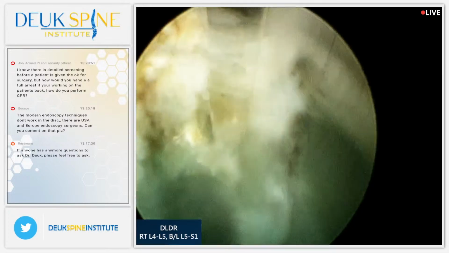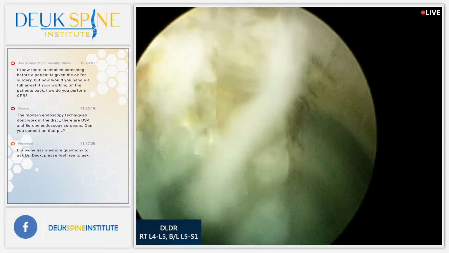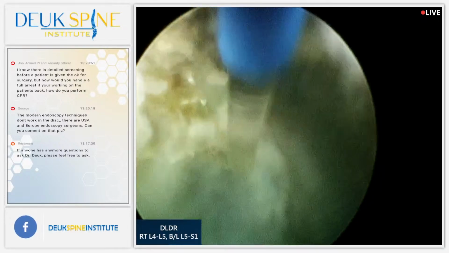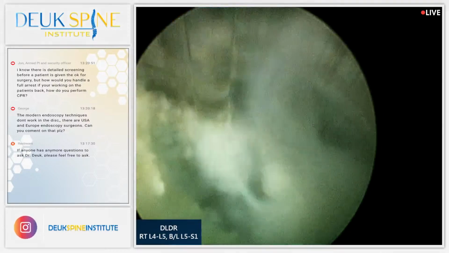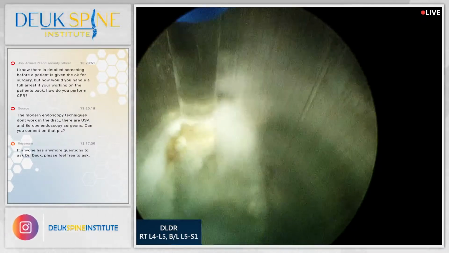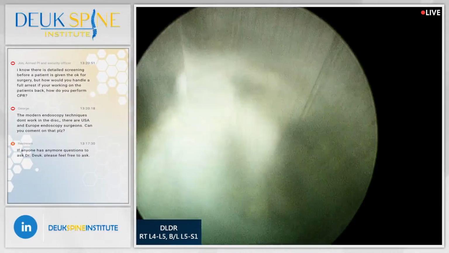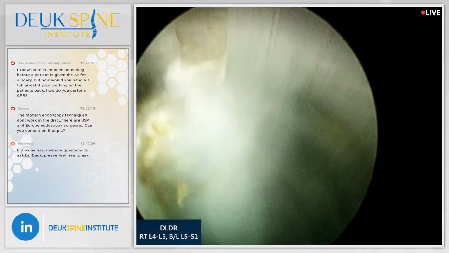There's usually changes that occur that are visible on our monitors. And when you start to see those changes, you start to prepare. You get medications ready. You tell the nurses in the room, get the crash cart. Basically, you prep. You have a little bit of time, a few minutes maybe.